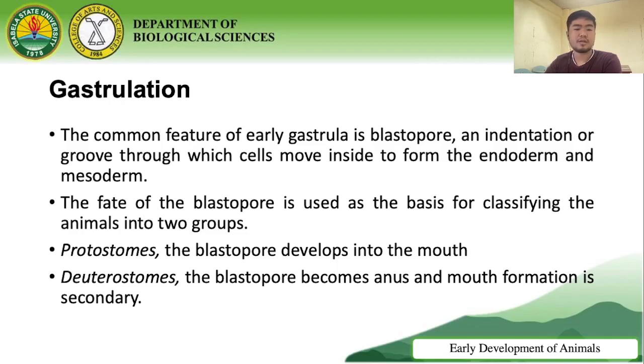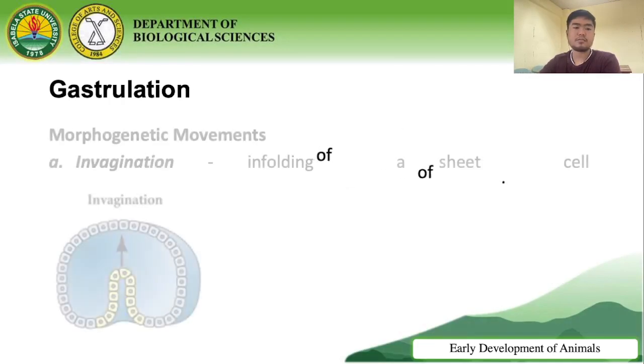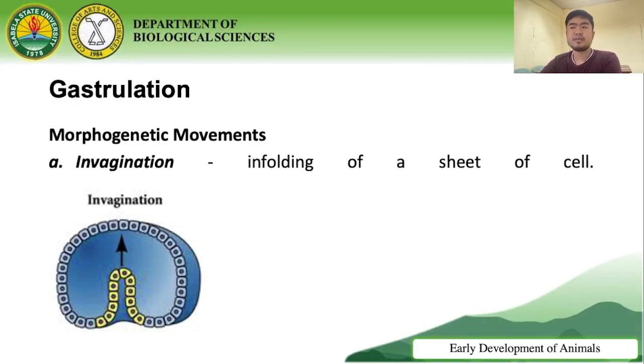Sa protostomes naman, mouth lang ang made-develop sa blastopore. The first morphogenetic movement under gastrulation is invagination. Remember, yung ating blastocyst or blastula, yung single layer na yun, magkakaroon ng invagination, or the infolding of a sheet of cells.